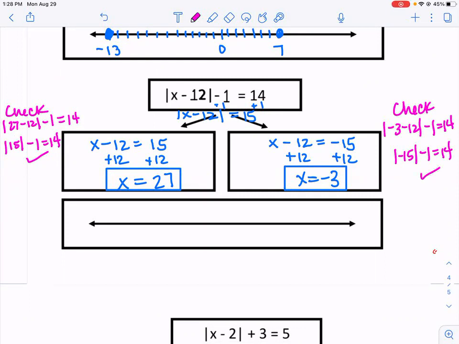When you check your answers, make sure you go all the way back to the very beginning where we started.